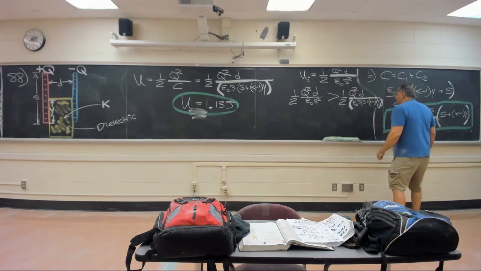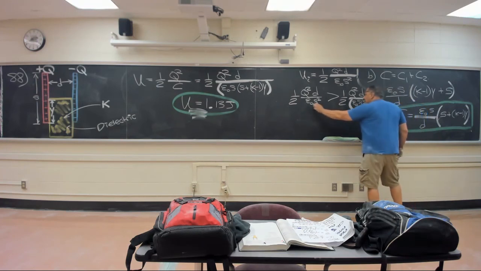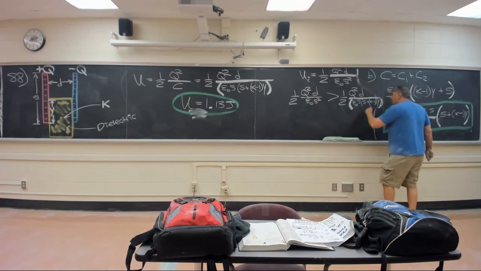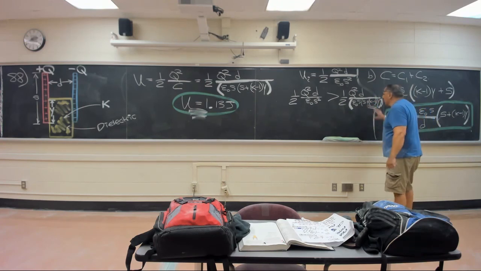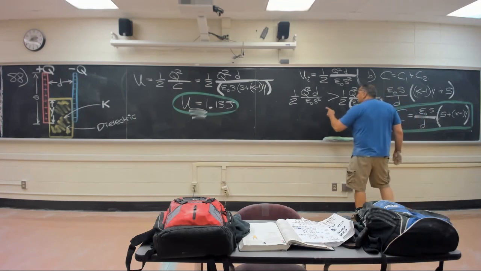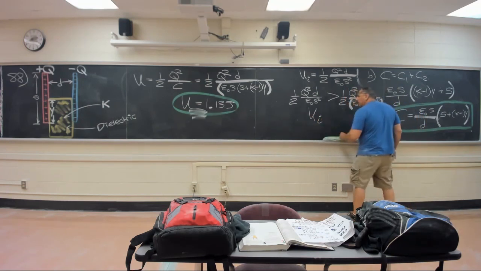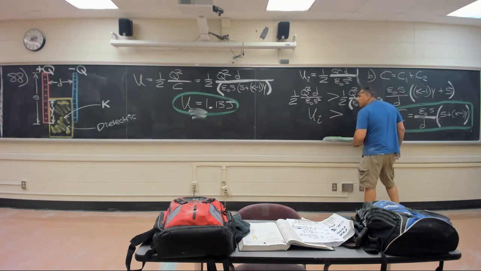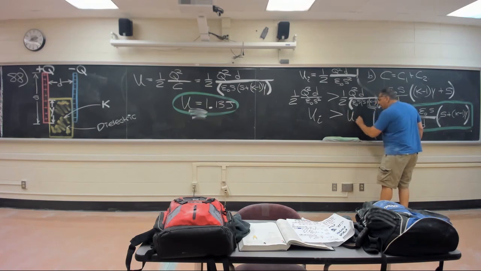Well, I'll make a long story short. Epsilon naught sigma times sigma is epsilon naught sigma squared. That's good. Then you got all this too that comes around with it. So it's going to be a bigger answer on the bottom. So this is bigger. The initial situation before you inserted the dielectric, there was more energy stored than the U final.